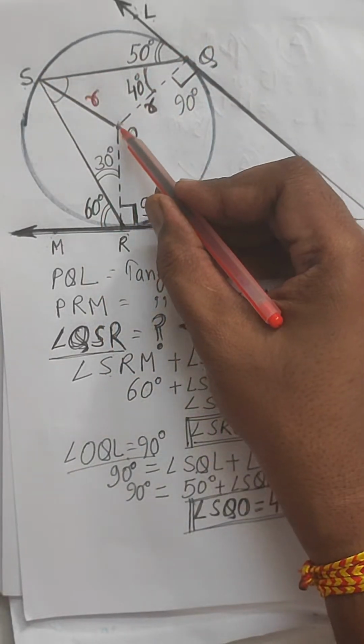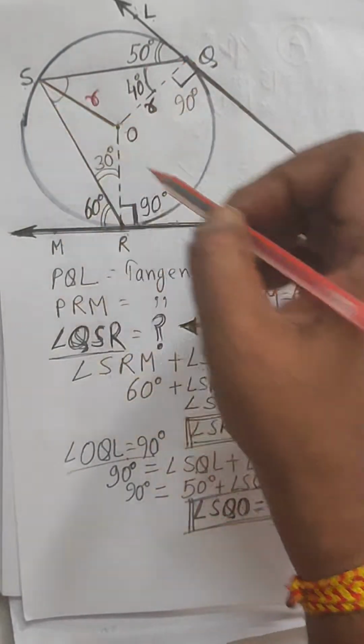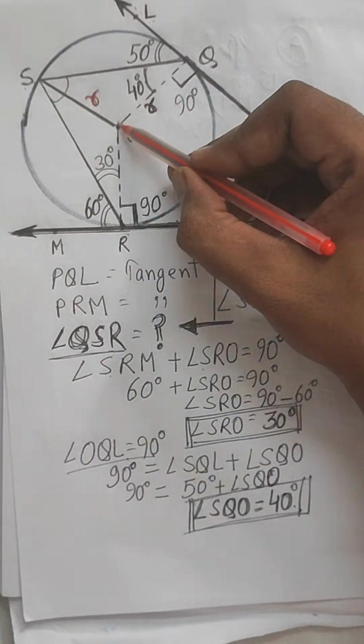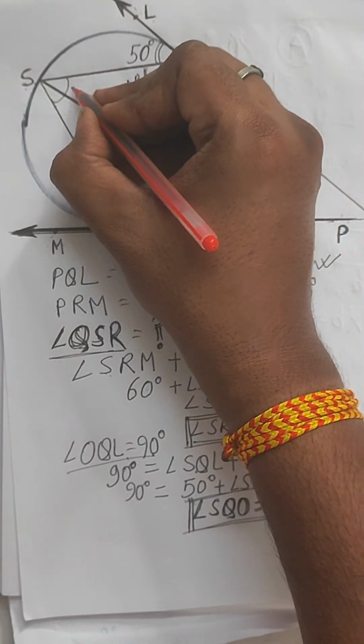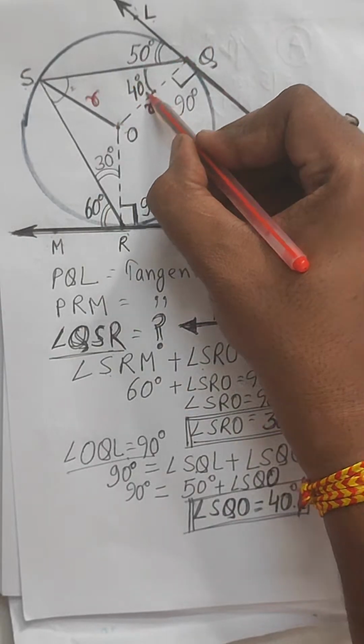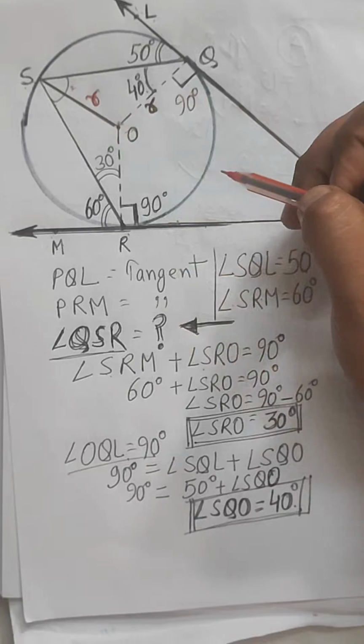So OQ is equal to OS, and in triangle OQS this angle will be equal to this angle, because these are the angles opposite the equal sides of a triangle.